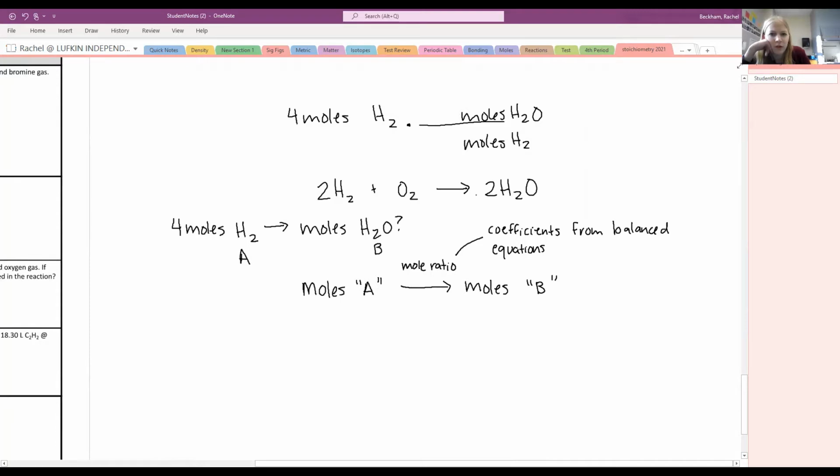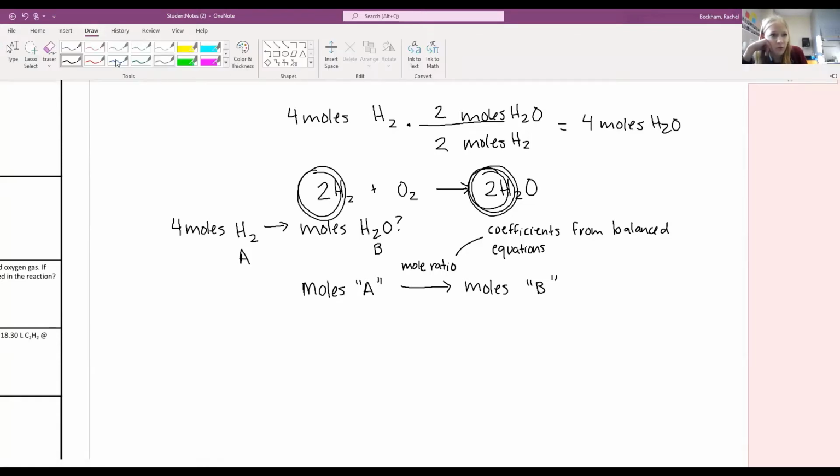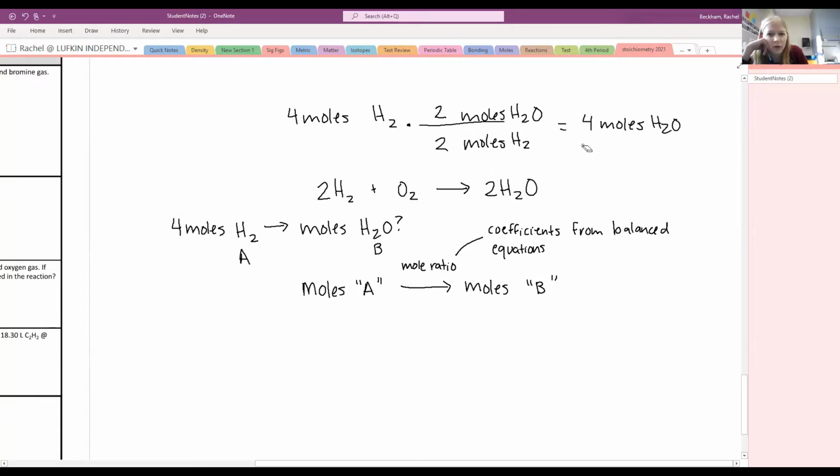So when you look here, I have 2 moles of H2O because this has a 2 right here, right? And I have 2 moles of H2. So 4 times 2 over 2 is just 4. So basically what that means is that if I put in 4 moles of hydrogen gas, I will get out 4 moles of H2O. And that makes sense based on kind of that mole ratio there, right?